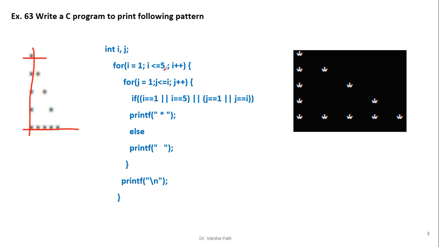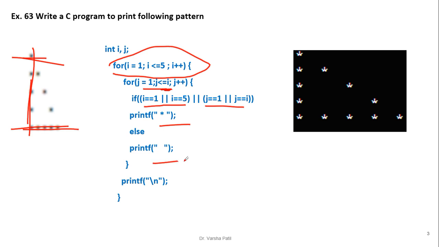So here space is not required. For I equal to 1, I is less than or equal to 5, I plus plus, it goes for the number of rows. The j loop is j equal to 1, j is less than or equal to I. Now here we can write the condition: if I equal to 1, that is, either we are on the first row or last row, or on the first column or last column, that is j equal to 1 or j equal to I, at that time we have to print a star, otherwise we have to print a space, and this ends this.